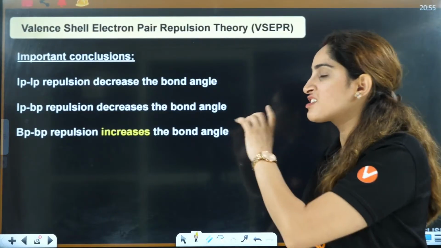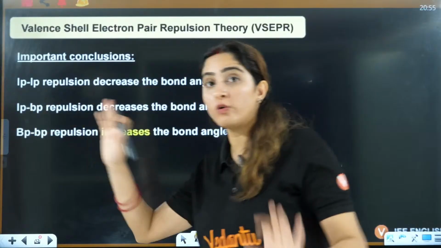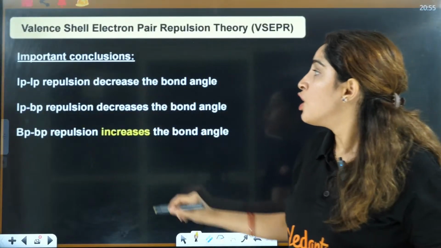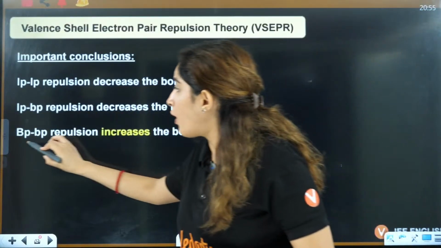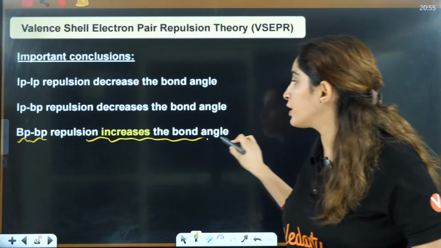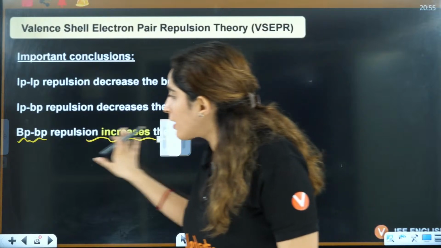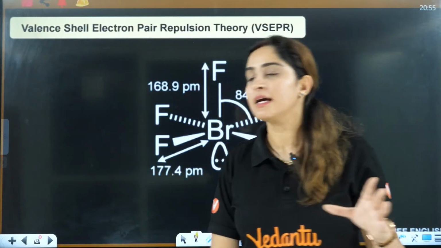So we are just learning a bit of that here. Lone pair repulsions will decrease the bond angle, but bond pair repulsions are going to increase the bond angle. We'll talk about that, don't worry, just give me some time.